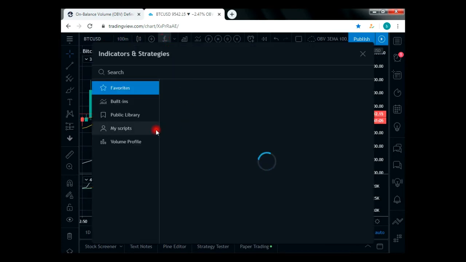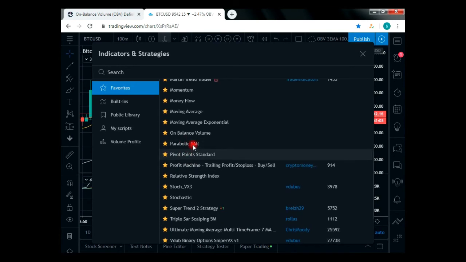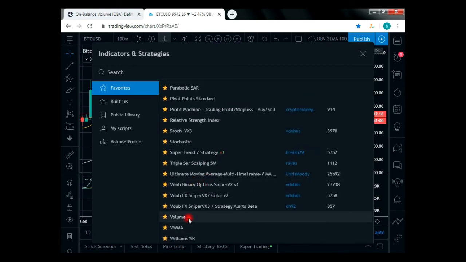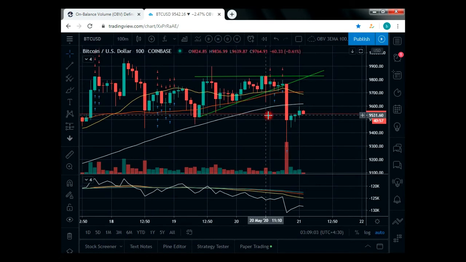And if I wanted to add real volume, I might choose volume, and as you can see from this point, the volume is decreasing, but the prices went up, and the only thing that might prevent you from misunderstanding what is really going on in the market is volume, nothing else.